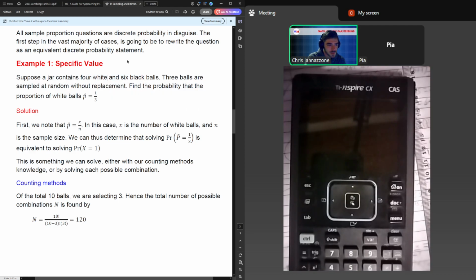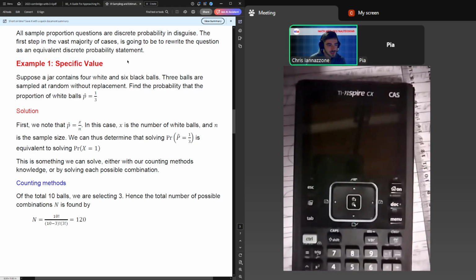So whether I say 4 white balls or 4 out of 10 as a proportion, we're talking about the exact same thing. One's written as a fraction, and the other's written as the raw x value that was underlying it. So basically any p hat is always x divided by n, where x is a number, in this case 4 white balls, and n is a total, in this case 10 total.